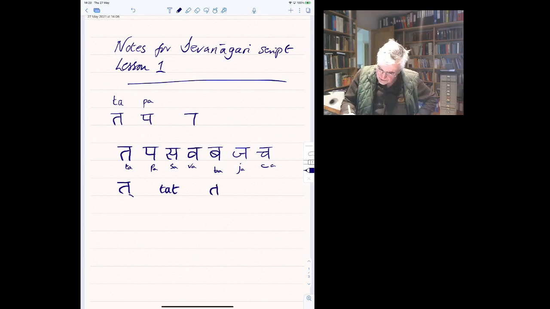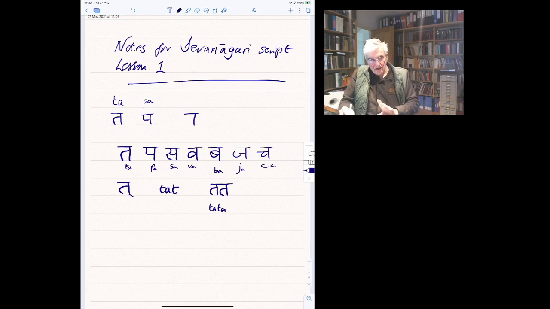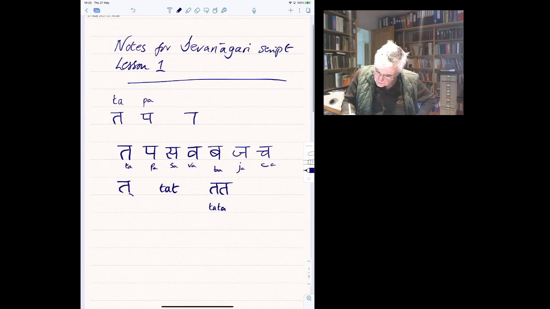If I write that, that's the ta, I haven't yet put the crossbar. If I write it like that, that actually would be written as tata. But if I want to change that to tat without the final short a, I put this little virama there to indicate that that blocks the vowel.